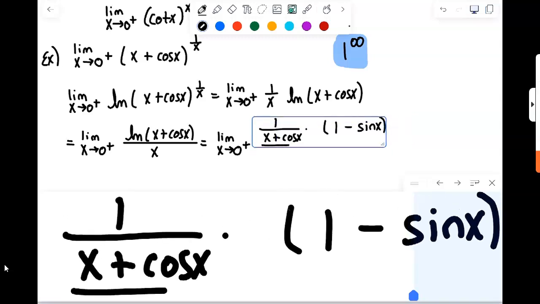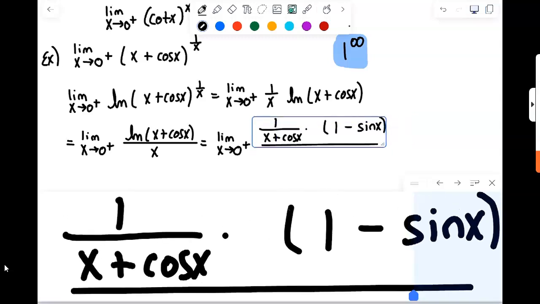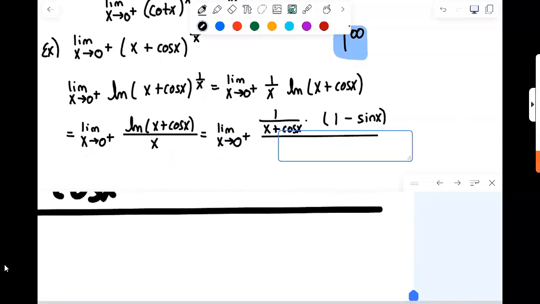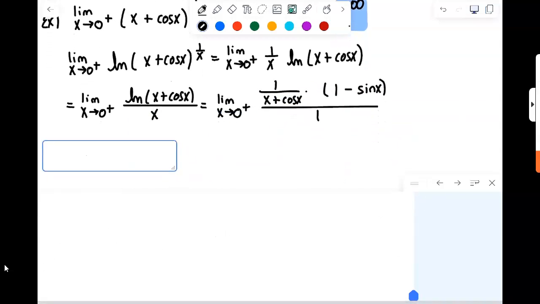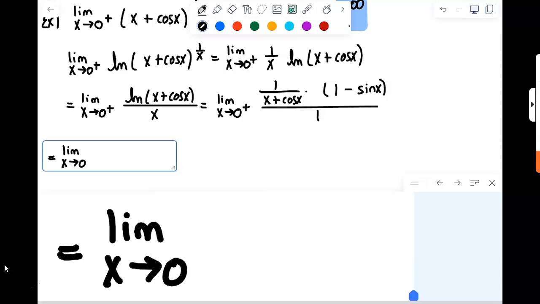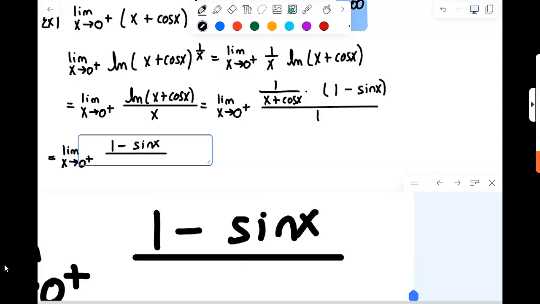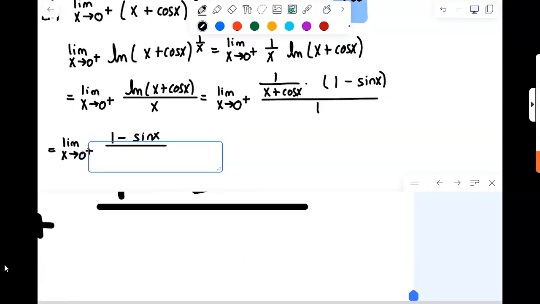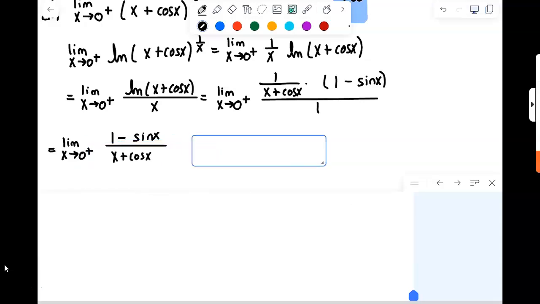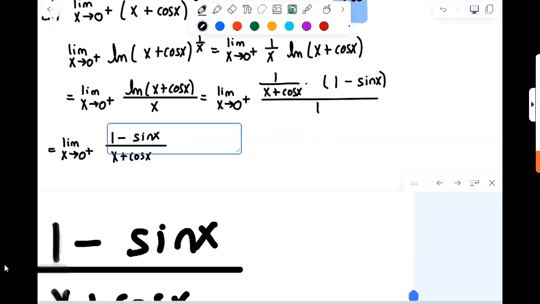And then that'll all be over the derivative of the bottom, which is just x, so just 1. So at this point, cleaning it up a little bit before we move forward with working out the limit, this would be 1 minus sine x over x plus cosine x.